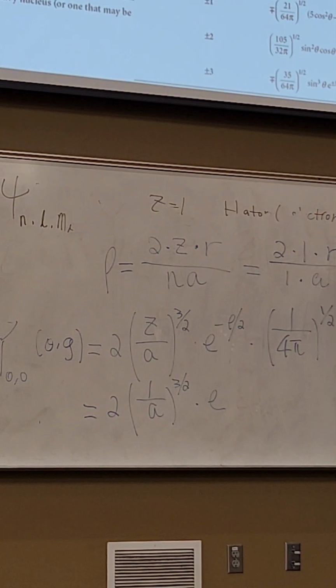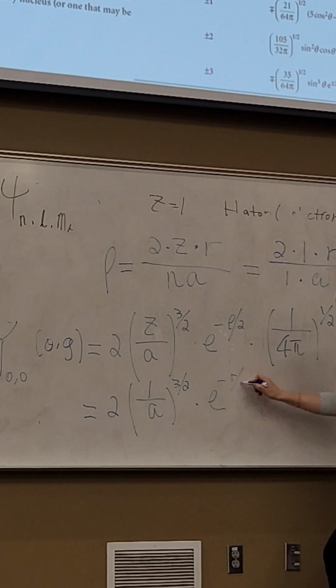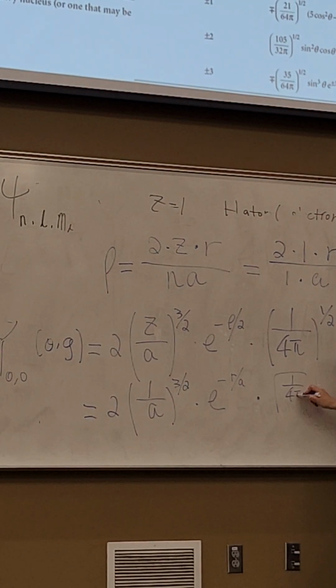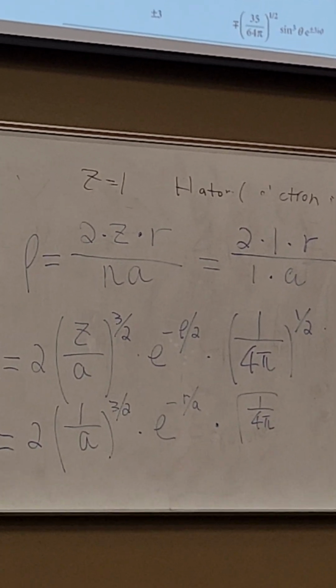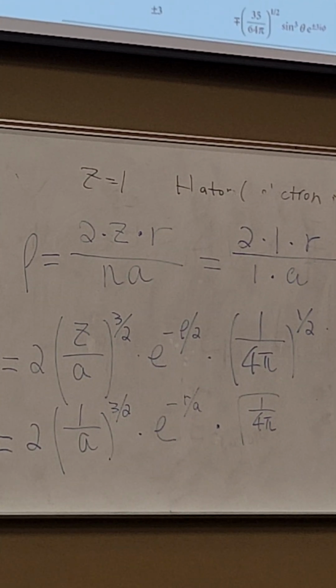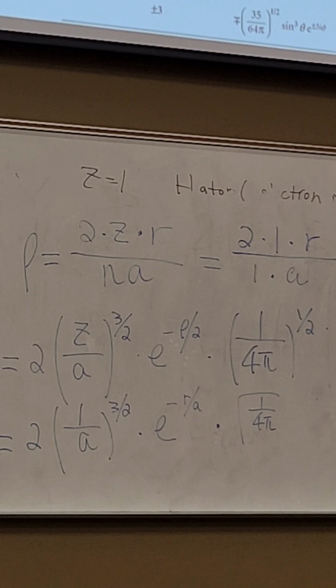If I substitute the rho right here, what am I going to get? It's the negative r over a, times the constant. That's the wave function, guys. Okay. Any questions on this one?